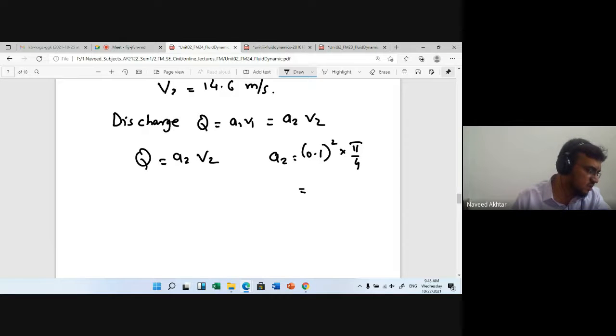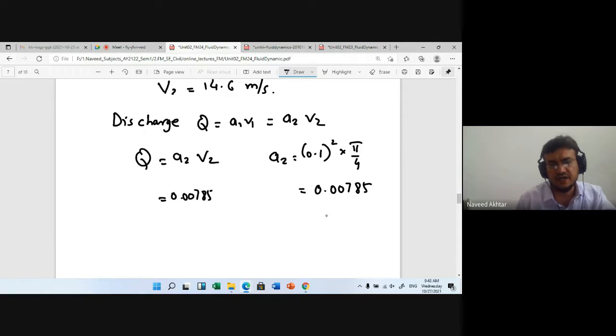A2 will be 0.00785, already calculated above. So putting in the value, 0.0785 into V2, which is 14.6.